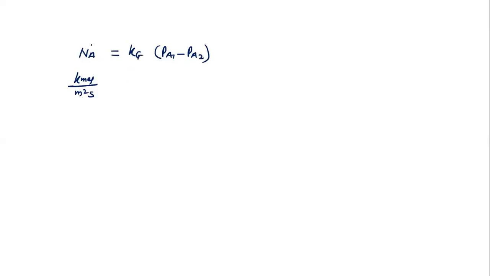Correct? So Na is known, Pa1, Pa2 is known, so we'll get kg. Clear now? So this is the way we are going to find out kg. That's our objective.